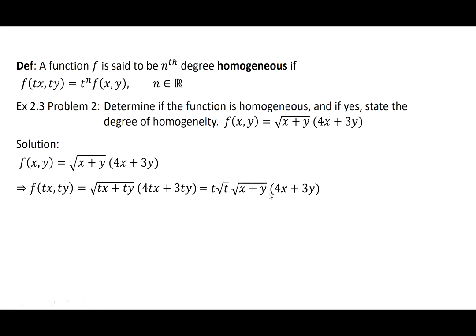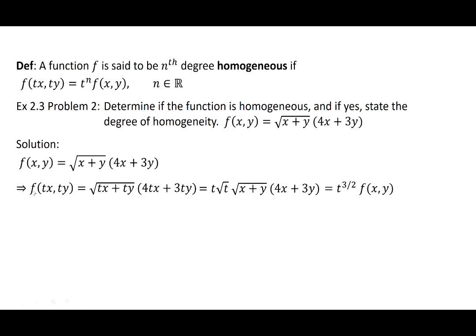Is this stuff, square root of x plus y times 4x plus 3y, related to f of x y? Of course it is. It is exactly f of x y. So guess what? We could write this as t to the 3/2 times f of x y. Now, this is why putting equal signs is very, very important.